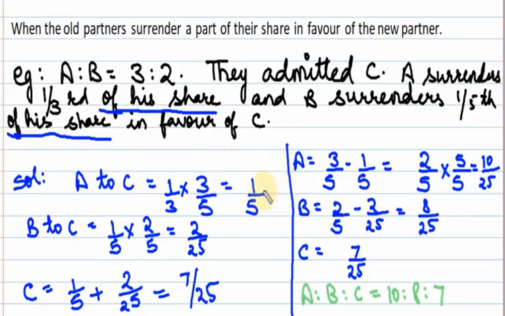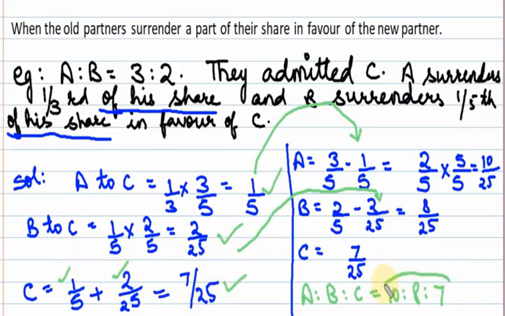We first found what A gave to C and what B gave to C. What A gave to C was subtracted from A's old share, what B gave to C was subtracted from B's old share, and we added what C received from A and from B to find the share of C. Do remember that when you have to find the ratio, the denominators should be the same, else there will be a mistake.